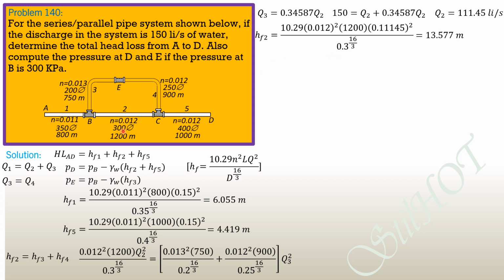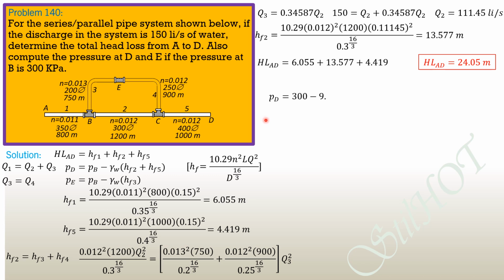Then we can now compute the total head loss from A to D. Head loss from A to D is equal to HF1 6.055 plus HF2 13.577 plus HF5 4.419. So head loss from A to D is equal to 24.05 meters. Then the pressure at D is equal to the pressure at B minus the specific weight of water, which is 9.81, times the quantity HF2 plus HF5.